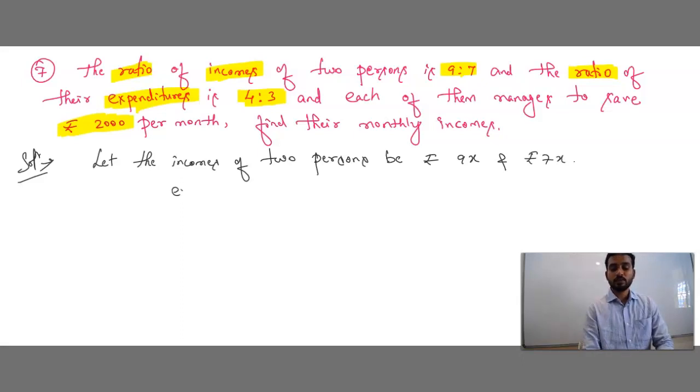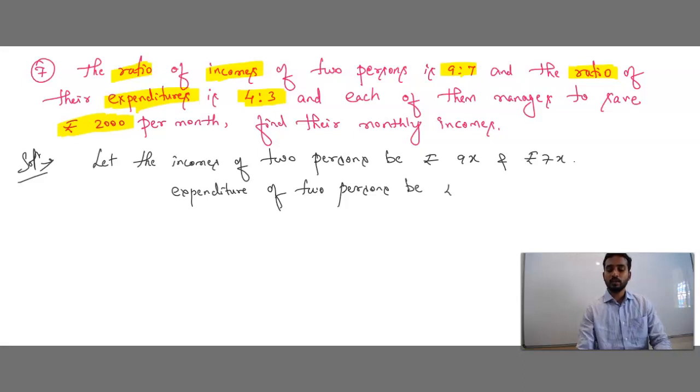And what is the expenditure? Let the expenditure of two persons be rupees 4y and rupees 3y.